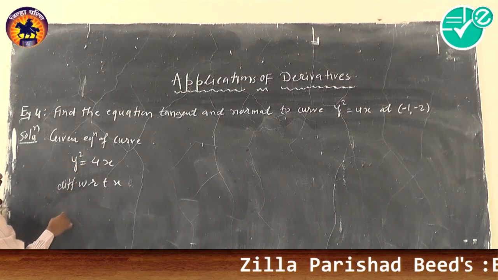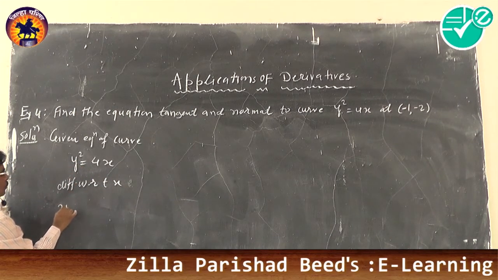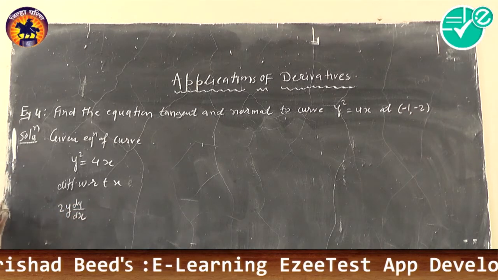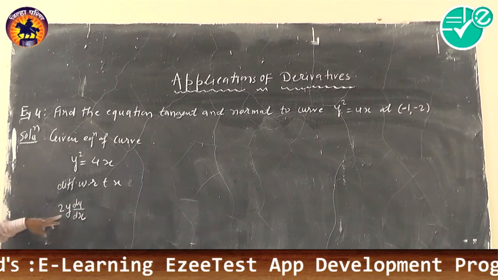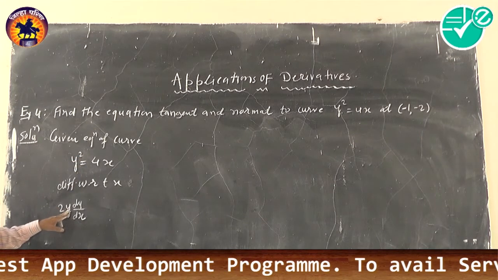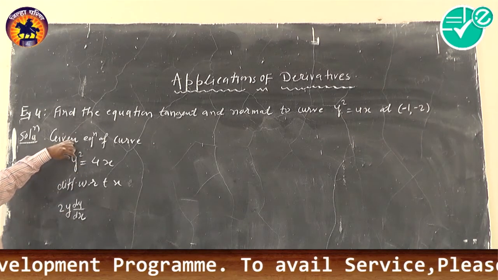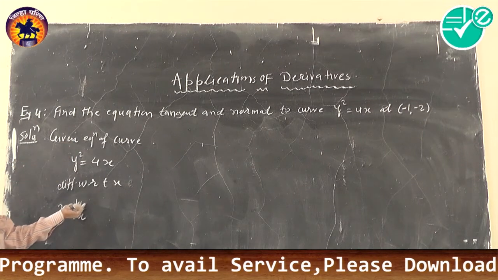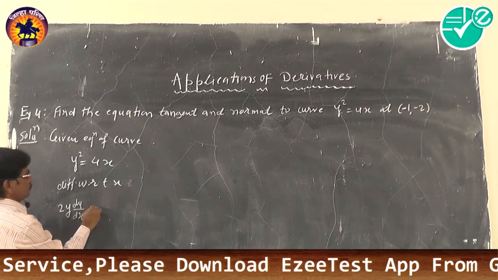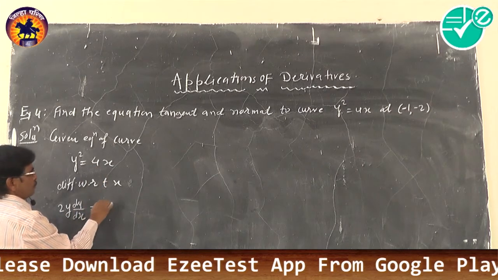Therefore, the derivative of y square is 2y into dy by dx: power at front and reduce the power by 1, that is 2y, and since y is a variable, multiply by dy by dx. 2y into dy by dx is equal to the derivative of 4x, which is 4.